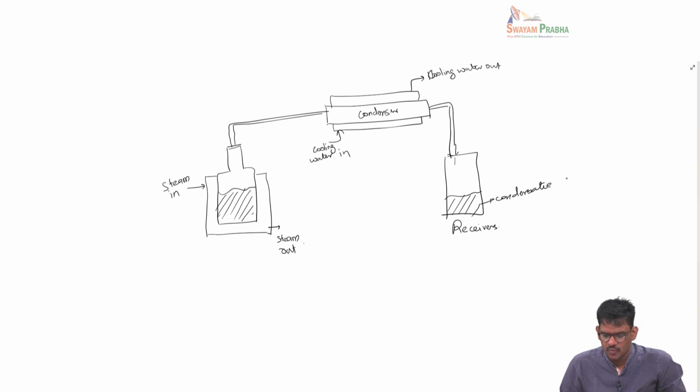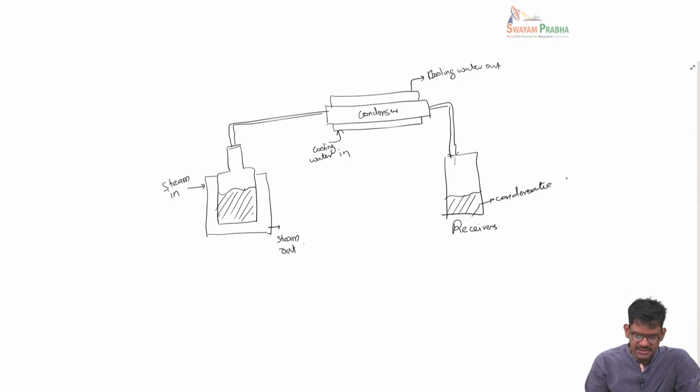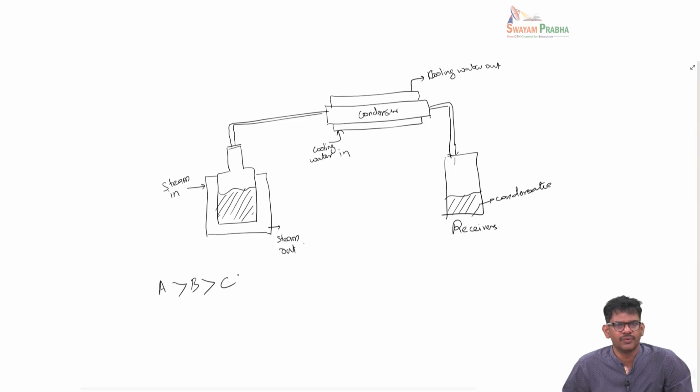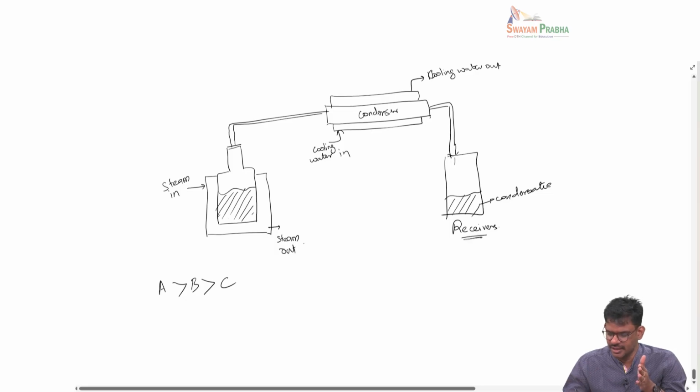So one more thing you can have here is, I was talking about mostly a binary mixture A plus B, but you can have a multi-component mixture also. Let's say you have A plus B plus C, such that the volatility of A is much more than B, and B is more volatile than C. In this case, you could first collect for the first several minutes in one container, and this will be rich in A. After some time, mostly all of the A must have gone.